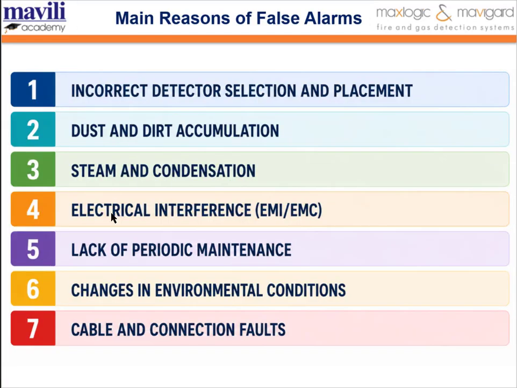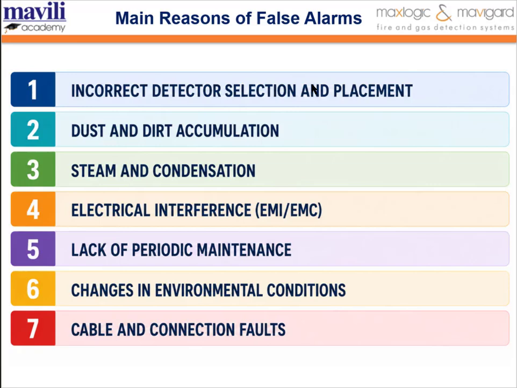First of all, the main reasons of false alarms are generally caused by incorrect detector selection and placement, such as we cannot use optical smoke detectors in dirty or smoky environments, or in kitchens.